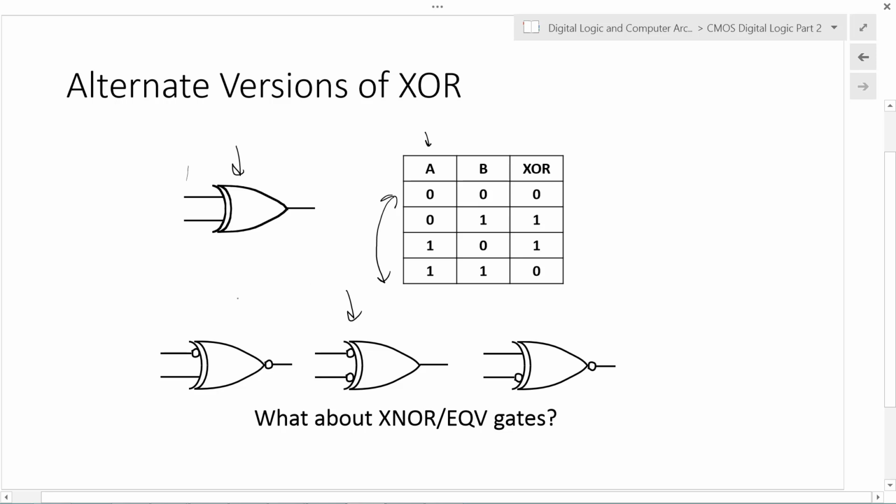Therefore, if you invert an input, you need to invert an output to get the same functionality. And because it is an exclusive OR, it's symmetric. You can invert either input, and that implies you have to invert the output. So there are alternate versions of exclusive NOR or equivalence gates, so I encourage you to try exploring those with the truth table.